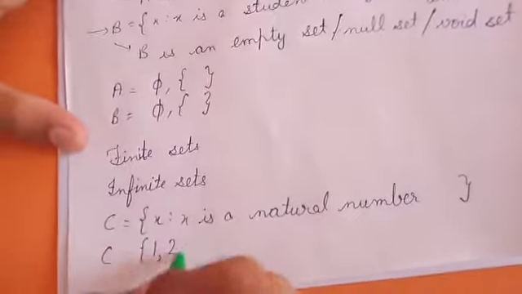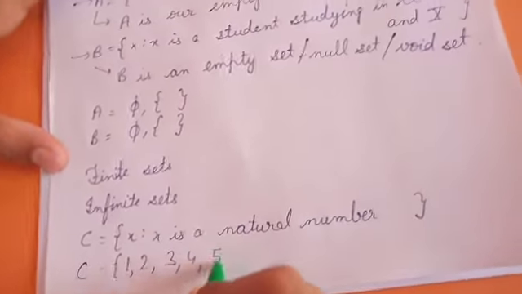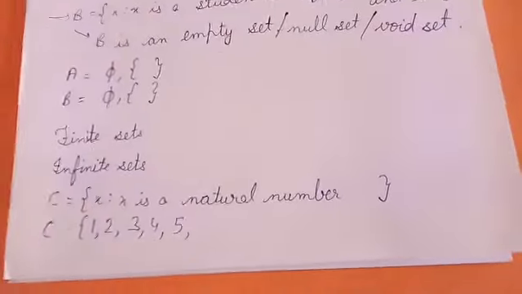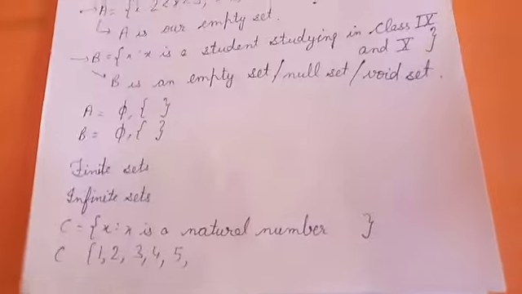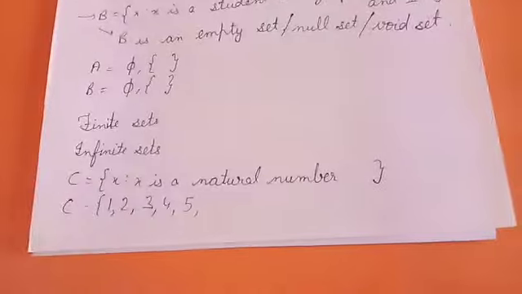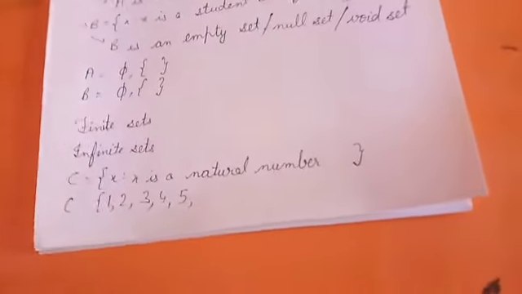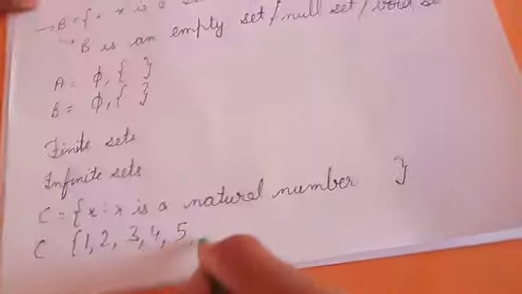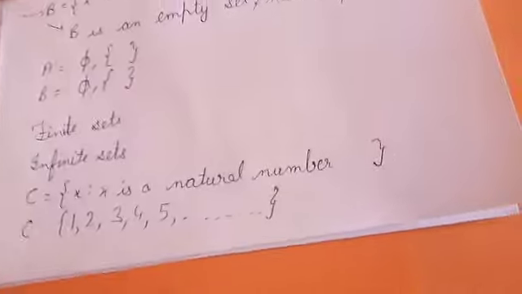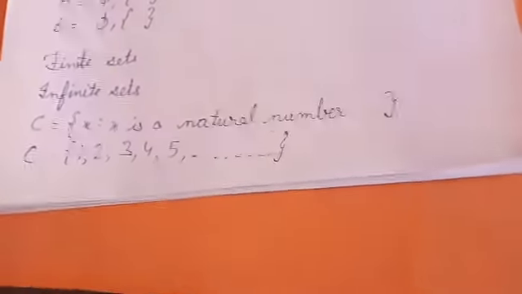This will be 1, 2, 3, 4, 5, but these are many and you can't write them all in brackets. All the elements of an infinite set cannot be written in brackets. So how do we represent them? We write some of their elements like we have written here, and then we use dots, and then the closing bracket. This means it is an infinite set.